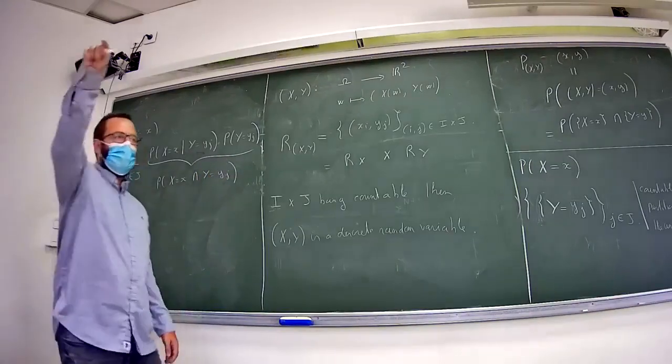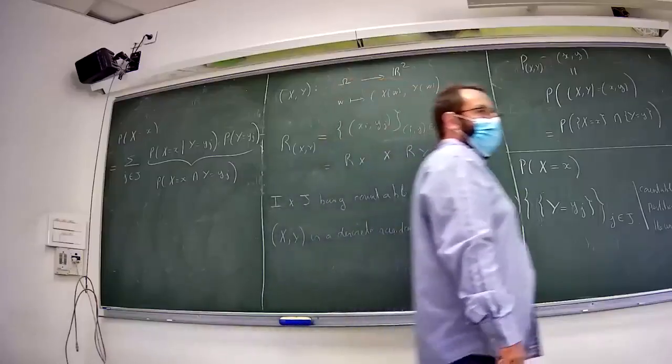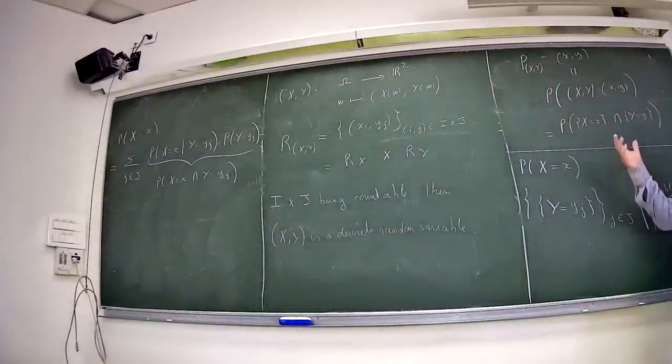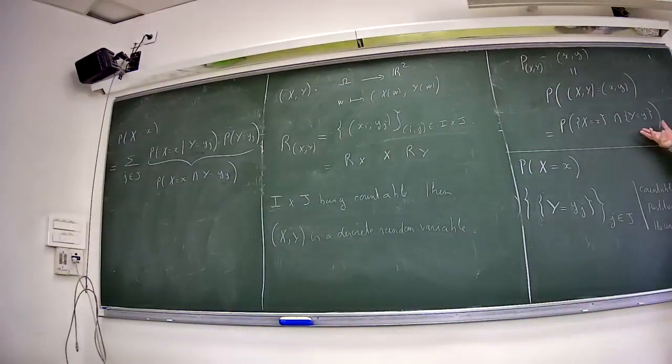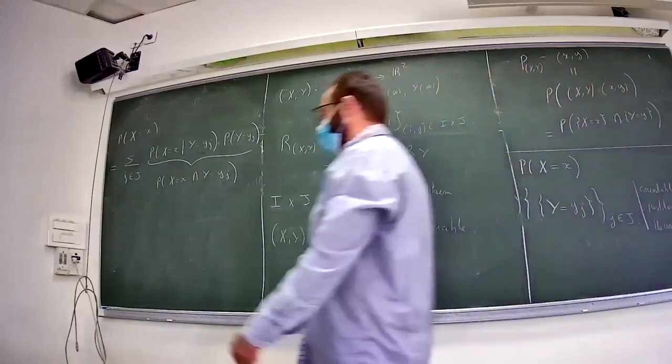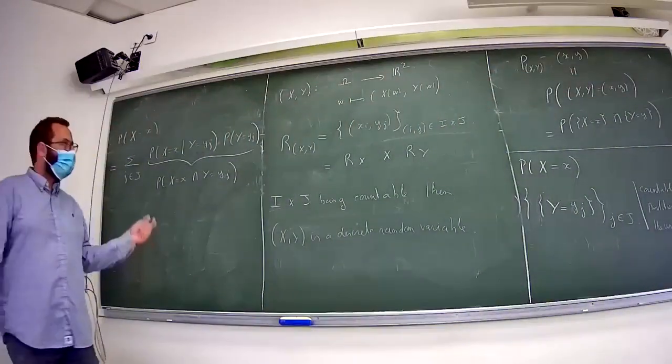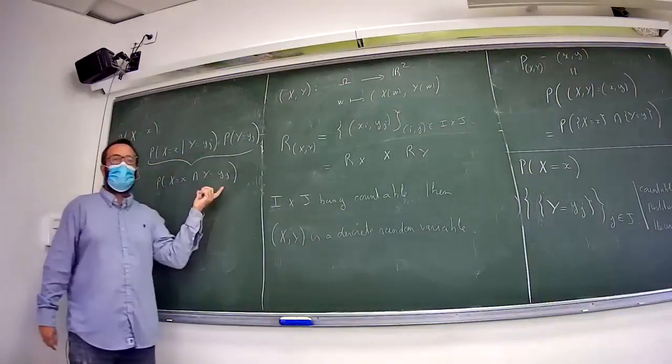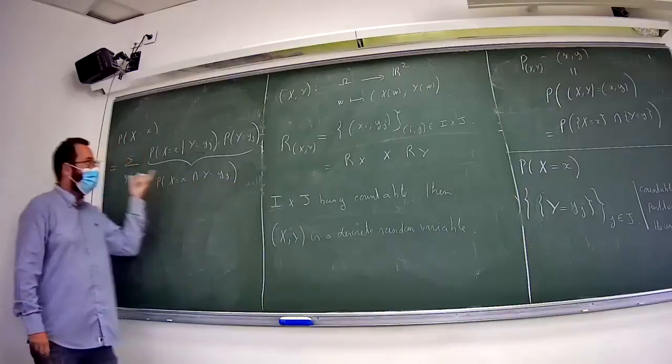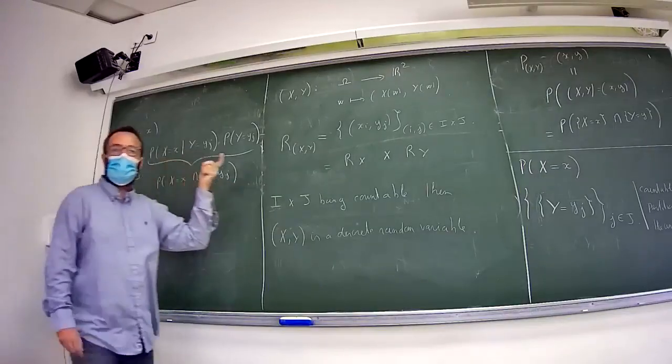So if I consider the joint distribution function and do the partial sum with respect to the values of the second random variable, you recover the probability mass function of the first.